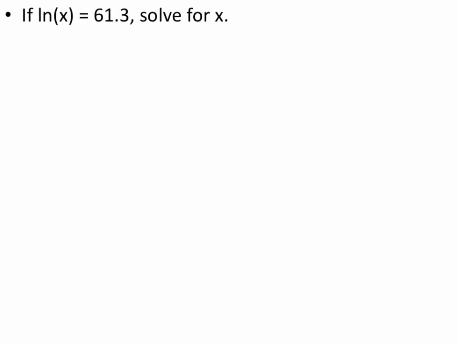So here's a case where we have to take the anti-log. So if we have natural log of x is equal to 61.3, and we need to then solve for x, we're going to have to take the anti-log. Well, remember we need to raise the base of our logarithm.